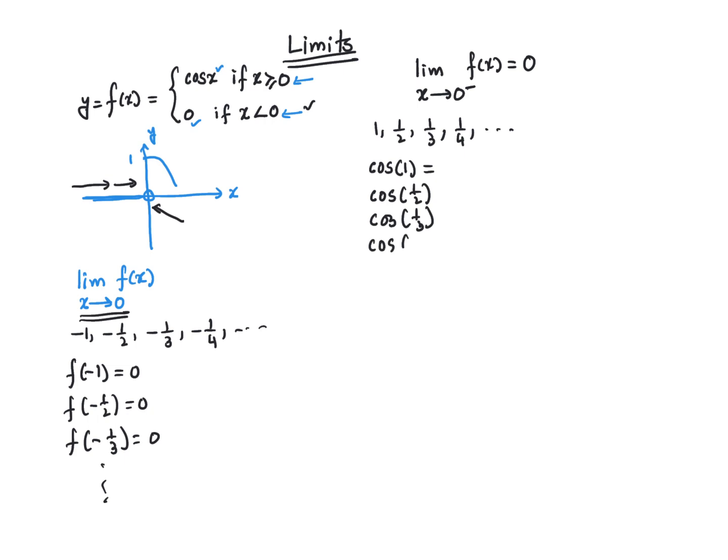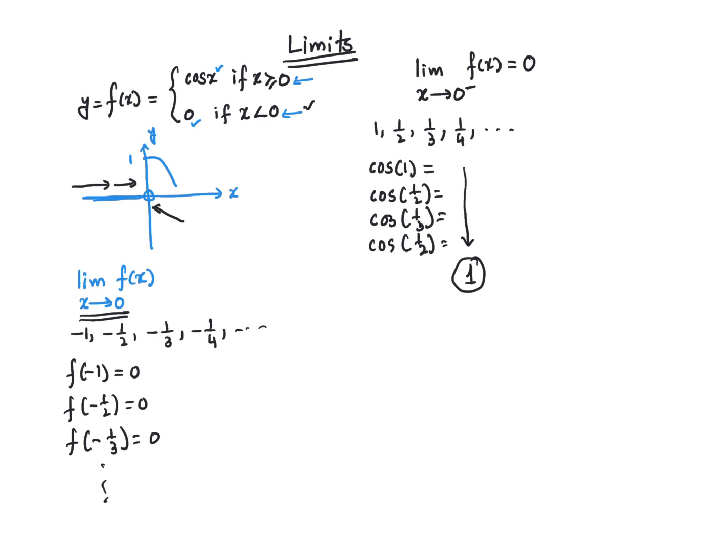Cosine of 1/4. If you find these values, you will see all these values are getting lower and lower and approaching a value. And that value is, by the way, 1. We know that cosine of 0 is 1. So all these values are going to approach 1, gradually approaching the point 1.